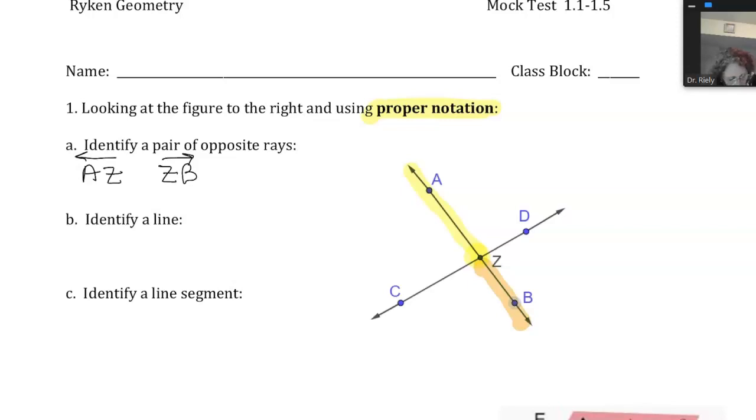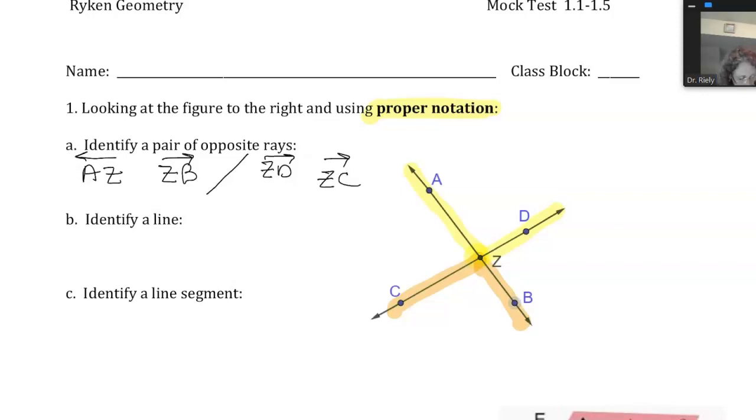And the second pair would have been, let's see, ZD. So I'll write this. So you have a second pair, and that's going to be ZD, and the arrowhead is near the D. And then the opposite way is going to be ZC, and the arrowhead is near the C. Okay, so the arrowhead has to be closest to the letter in the figure.